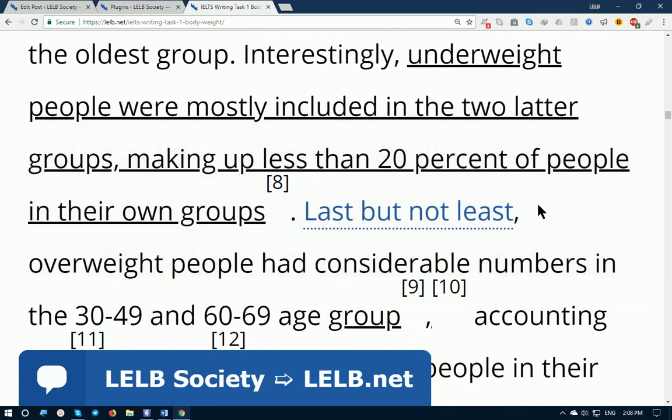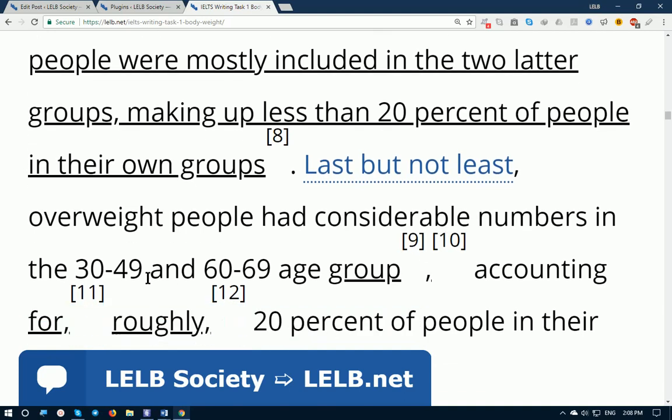So last but not least, it is used when you want to add something really important, but at the end, you don't bring it at the start of a presentation, a letter or an essay. Overweight people had considerable numbers in the 30 to 49 and 60 to 69 age groups.